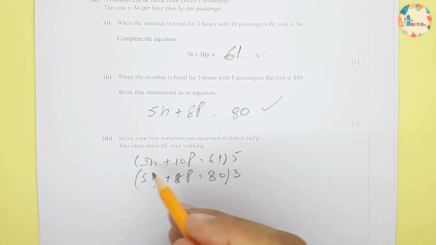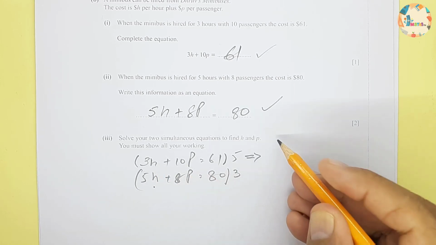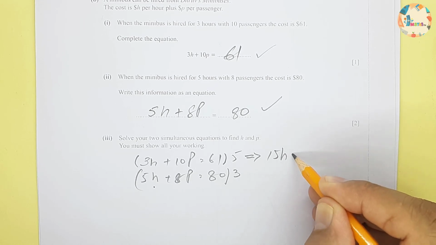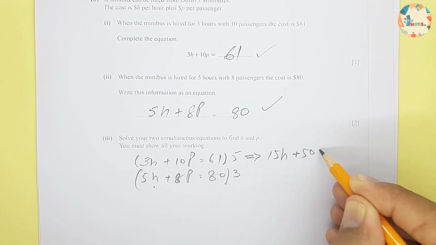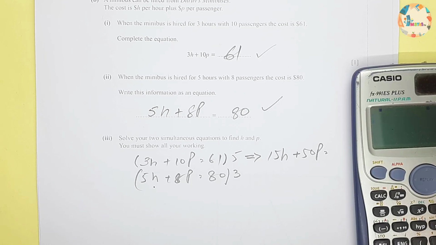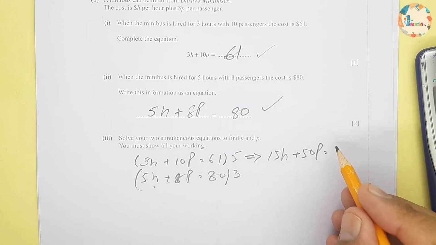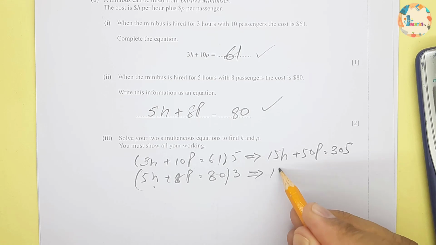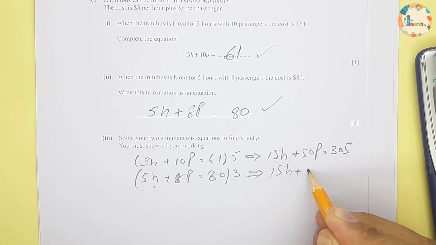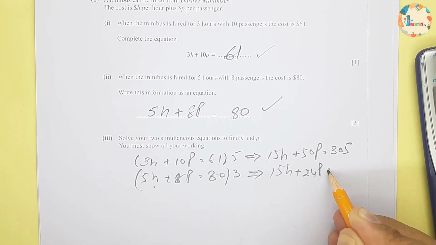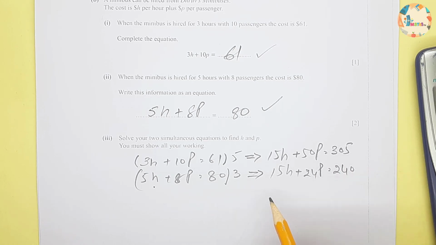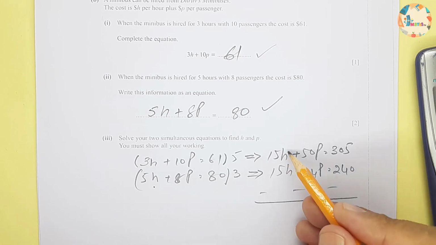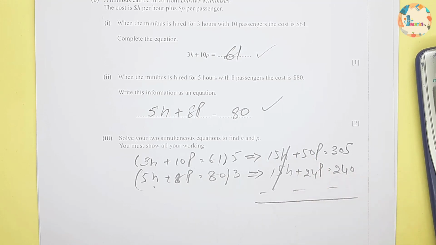So equation 1 will be 15h plus 50p is equal to 61 multiplied by 5, this will be 305. And the second equation implies 15h plus 24p is equal to 240. Now we can subtract and signs will change. This will be cancelled. 50 minus 24 will be 26.